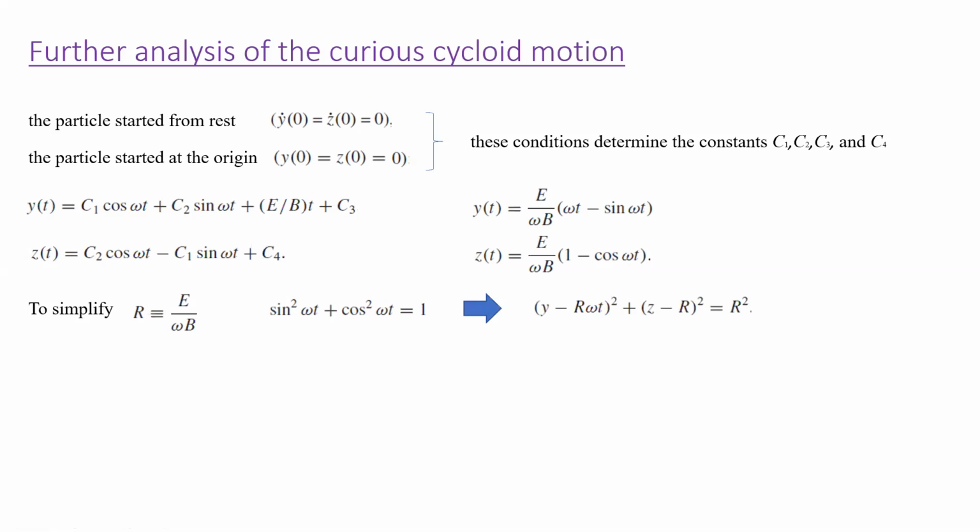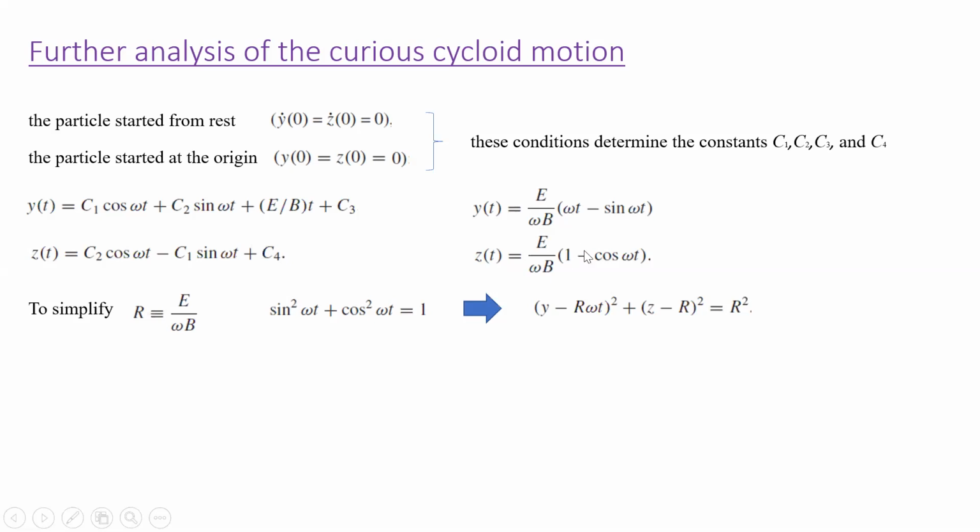Okay, so if we do that, quickly, for example, if we take the first equation and we write this as y of t is r omega t minus r sine omega t, because this we've called r, and then solve for sine omega t, we get y minus r omega t is equal to minus r sine omega t.